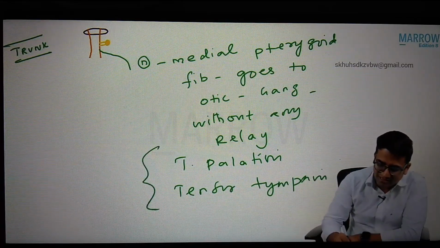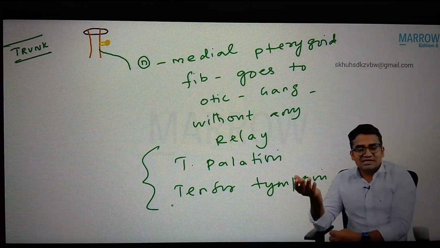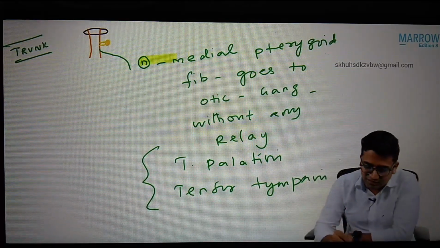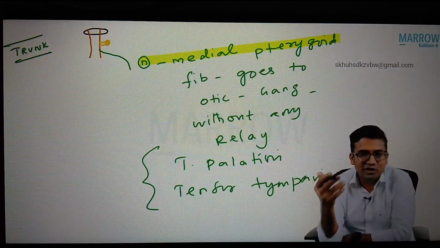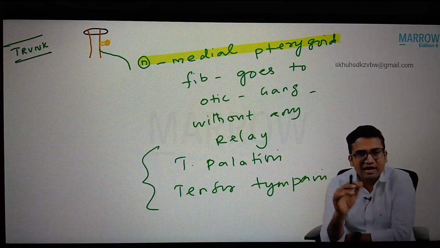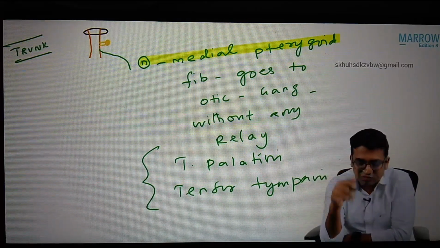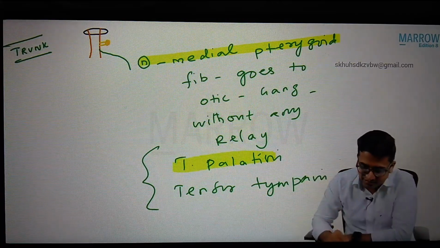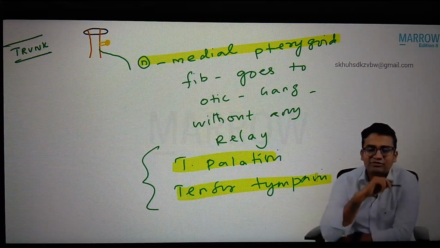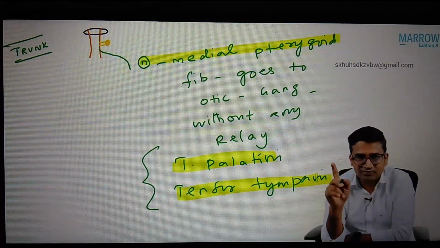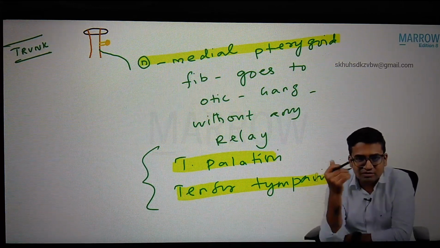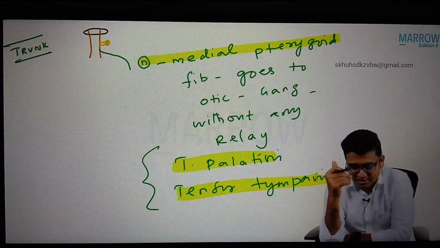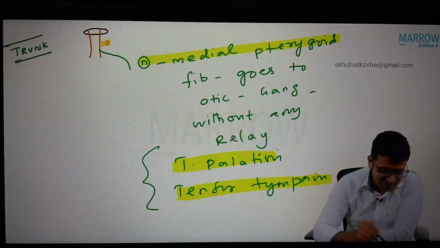So these two muscles get the nerve supply from the nerve to medial pterygoid. Clear? Shall we proceed?